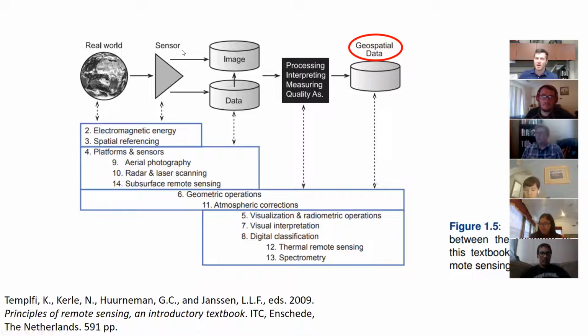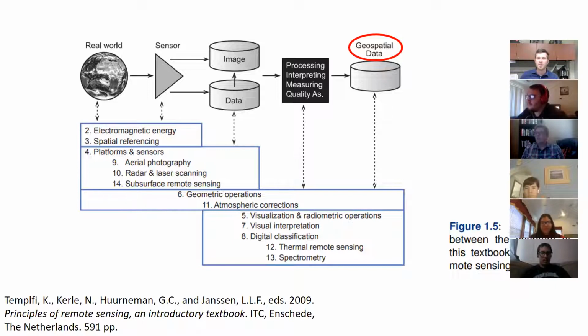And so you're picking up that information remotely, and then you enter this middle phase where you're maybe processing the data, interpreting it, cleaning it up, and this is where a lot of the techniques and technologies of remote sensing come into play. But I'm not really going to get into that today.